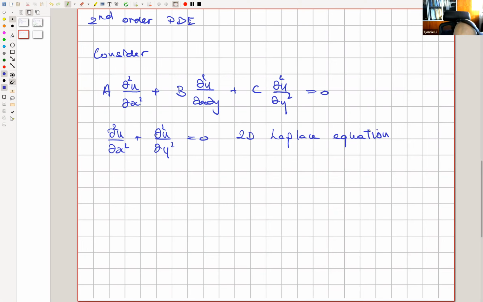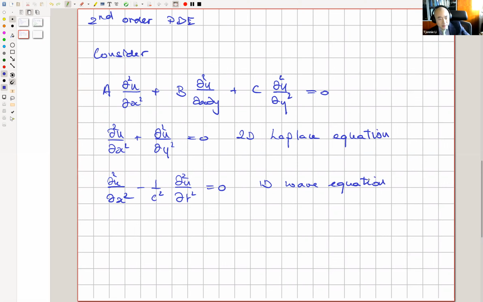Now, similarly, if I look at the wave equation, I can write down the one-dimensional wave equation here. So I only have x, but now I also have 1 over c squared partial squared u partial t squared equals 0. This is the one-dimensional wave equation in the absence of a source.